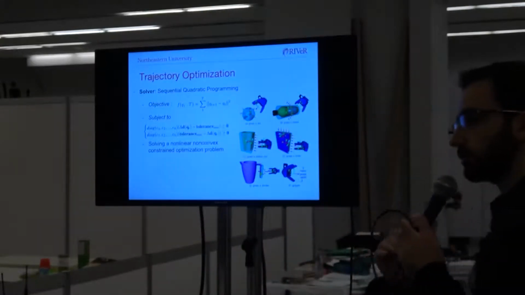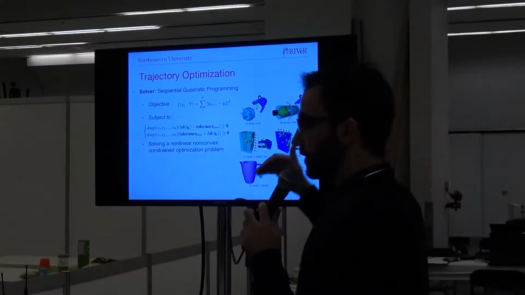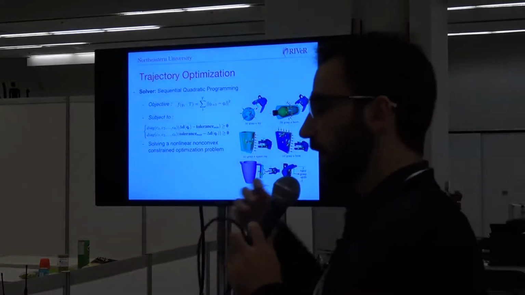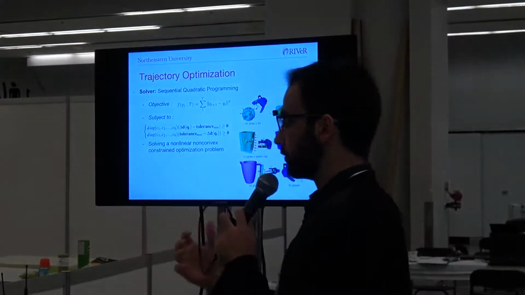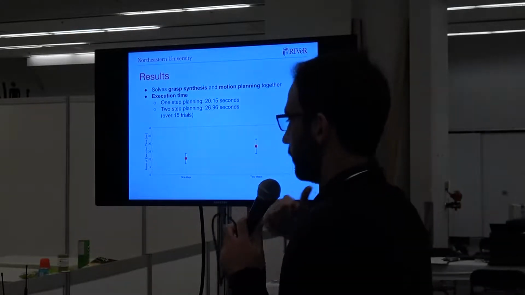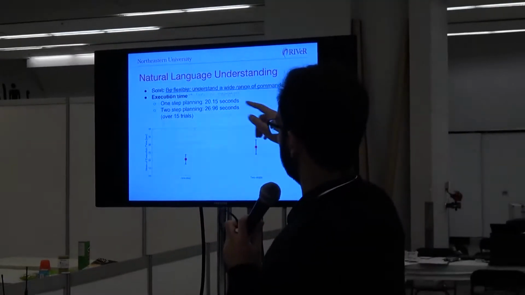This allows us to do the grasp planning, because based on the object geometry we can create a grasp space around the object, and this can turn into an optimization constraint, and then we can solve the problem.